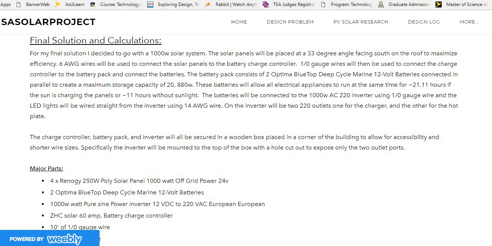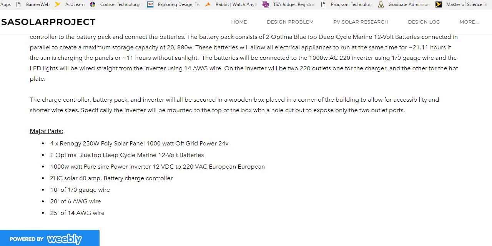The charge controller, battery pack, and inverter will all be secured in a wooden box placed in the corner of the building to allow for accessibility and shorter wire sizes. Specifically, the inverter will be mounted to the top of the box with 2 holes cut out to expose only the 2 outlet ports.